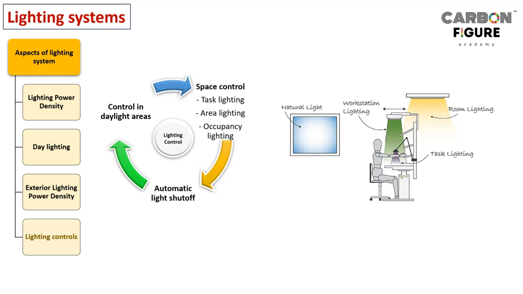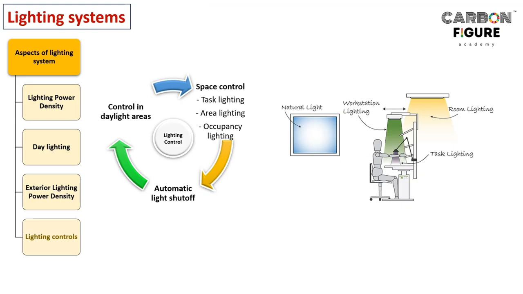Within which, depending on timing and what sort of work you take up, you may or may not have a separate task lighting, right? Apart from these two, workstation lighting and task lighting, you may have further provision as room lighting also, right?